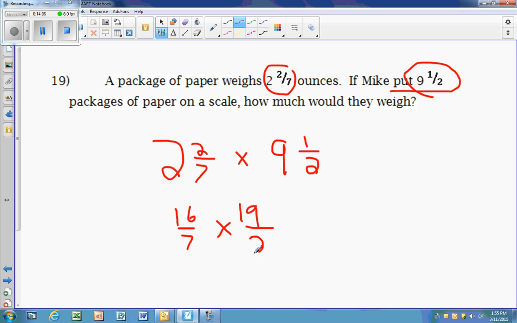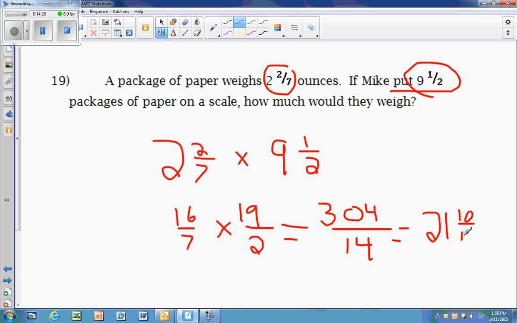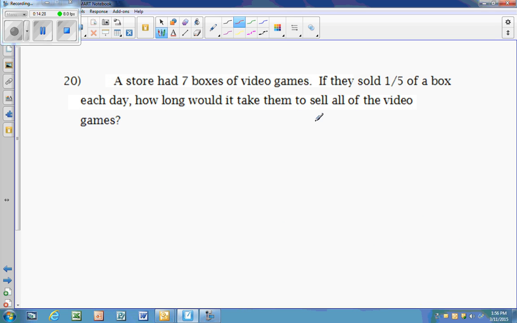And when I multiply 16 times 19, I get 304 over 14. And when I divide 304 by 14, I get 21 and 10/14. But I have to realize that I can simplify that, which would be 21 and 5/7.